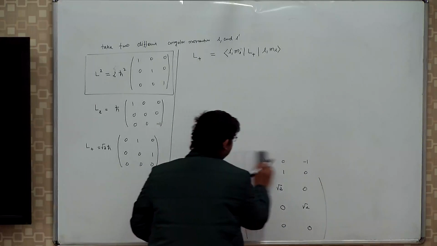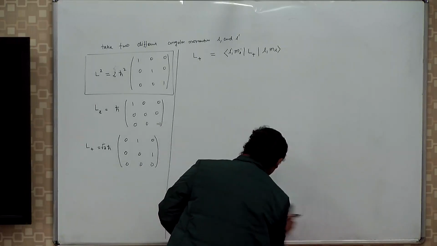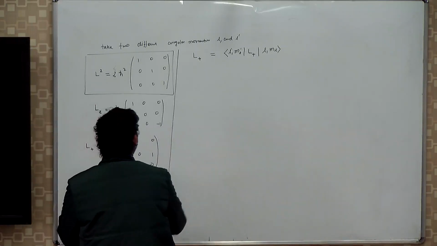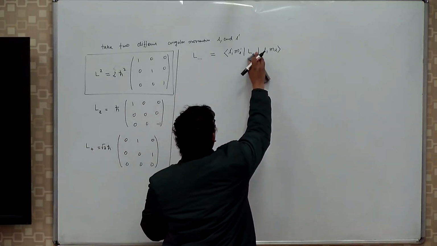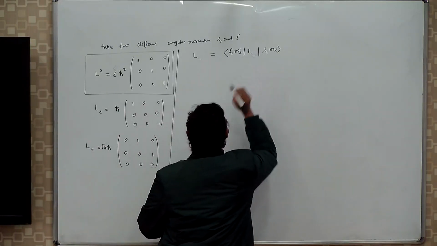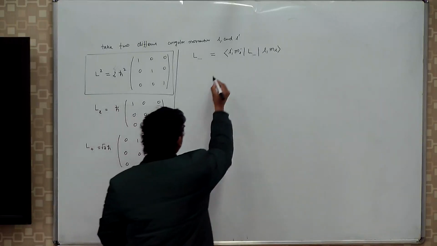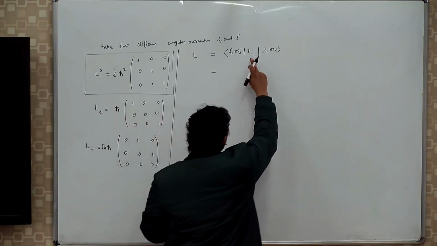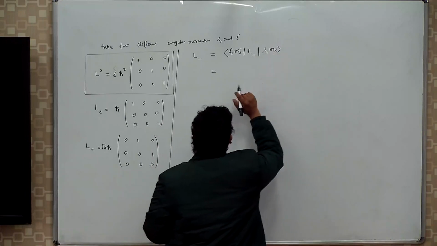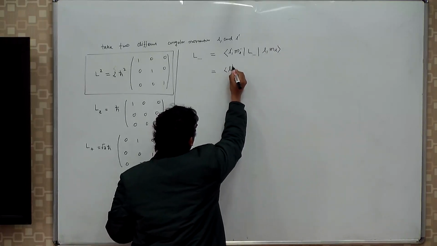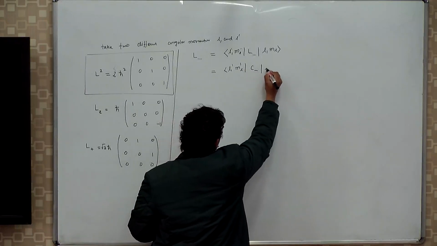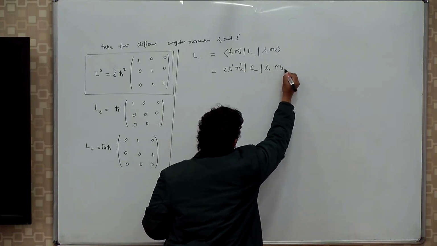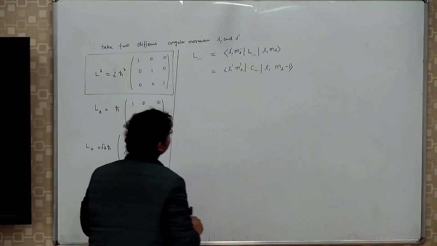Again, for writing the matrix representation of lowering operator L minus with the orthogonality condition, we know that L minus acts on this state vector and will give you again mL dash, C minus, l and mL minus 1.